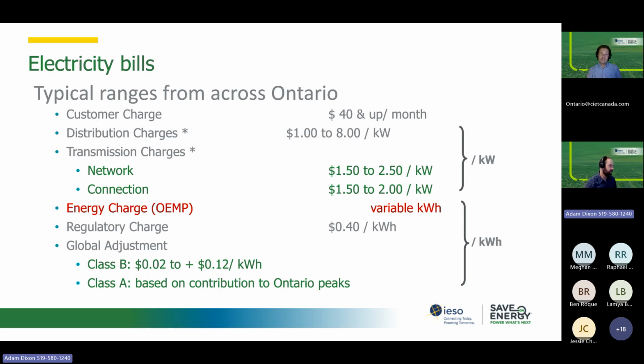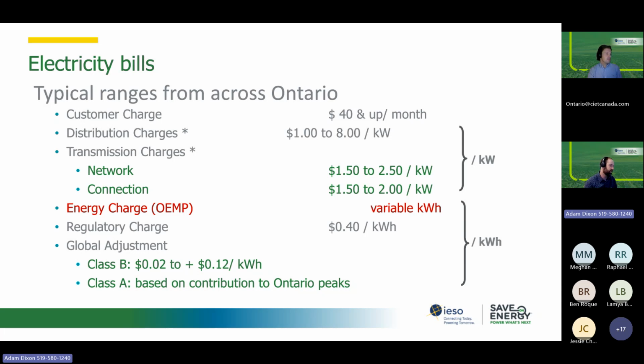And then your transmission charges, the network and connection charges, are from the generators to get the power to your local LDC. So transmission is the big lines to get the large amount of power to the local distribution companies, and then distribution is for them to lower the voltage and bring it to your building.